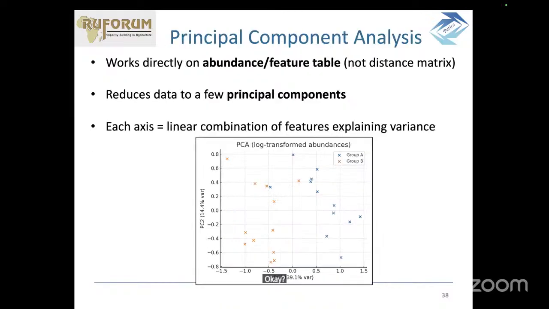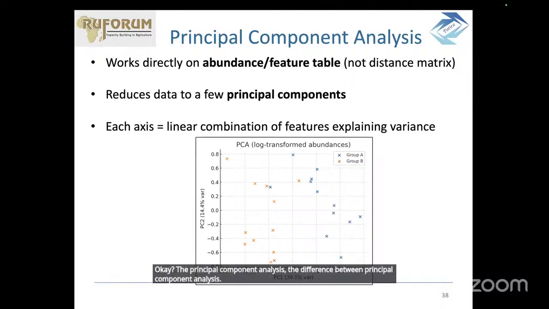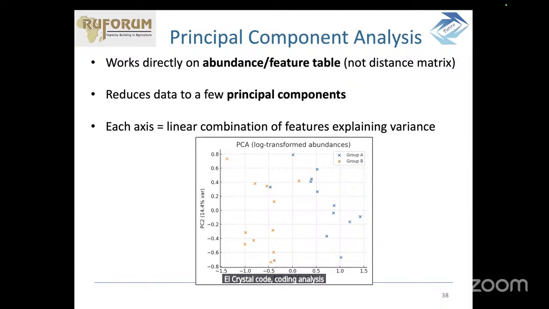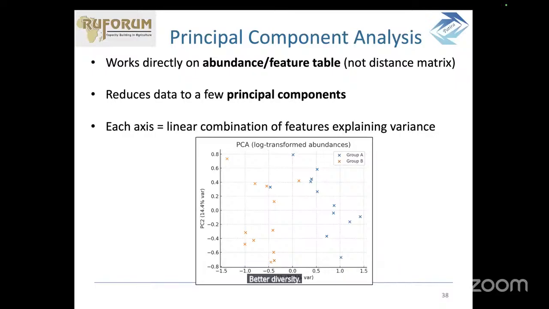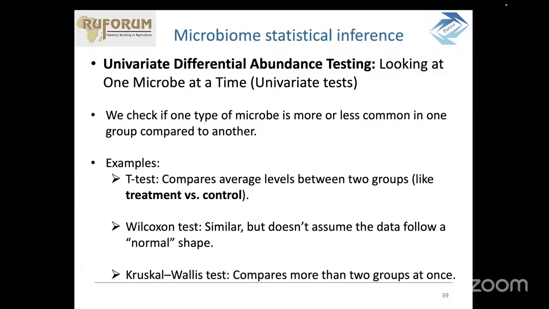The difference between principal component analysis and principal coordinate analysis is that principal component analysis uses variances, and principal coordinate analysis uses what? It uses distances. But both of them are used for beta diversity. Okay? Sometimes you have to go beyond visualization.